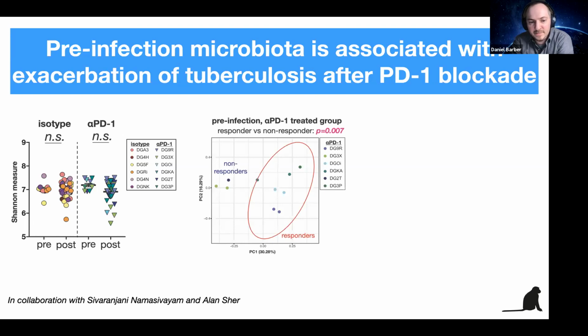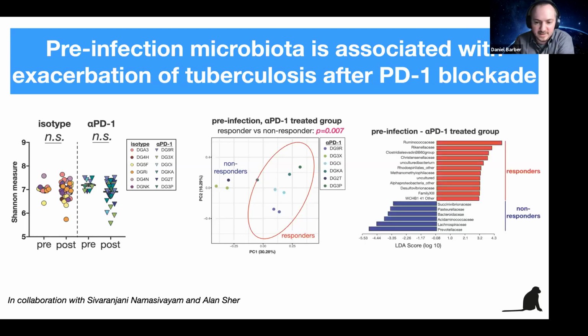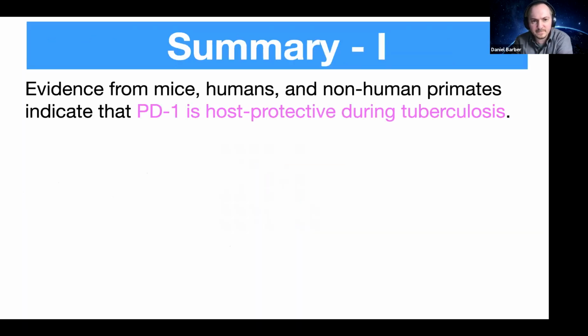Their intestinal microbiota was similar to each other and separate from the rest of the animals. And so even though this is an extremely small N, there seemed to be a correlation here with the two macaques which didn't get sick after PD-1 blockade. They had the same microbiota and it was very different than the rest. And we could go in and look at the different bugs that were there. And some of them, like Ruminococcaceae, have been interesting in cancer literature. So maybe the intestinal microbiota of all things has something to do with the diverse outcomes.